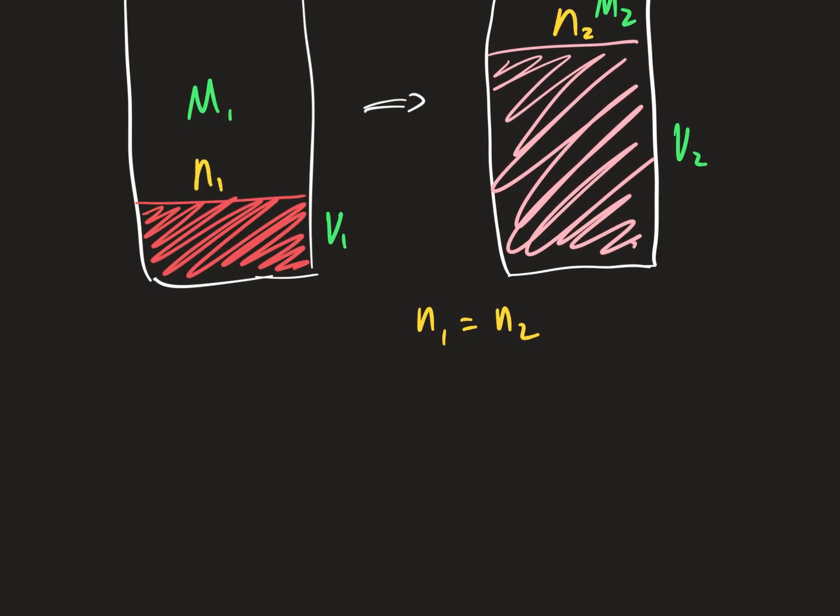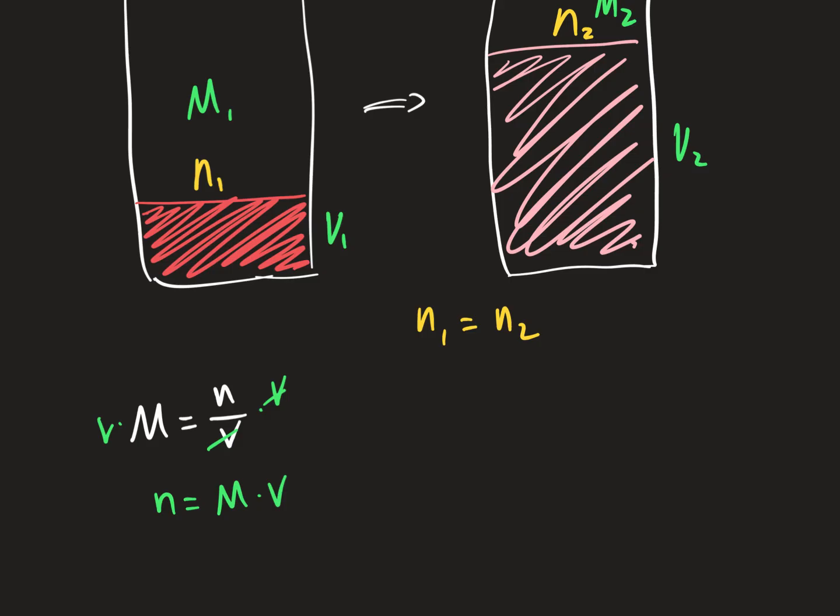Now, if I take a concentration, M, just in general, we know that's moles per liter, right? Number of moles per volume. You with me? Now let's multiply both sides by the volume. And we get the number of moles is equal to the concentration in molarity times the volume.